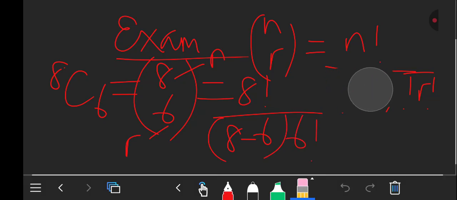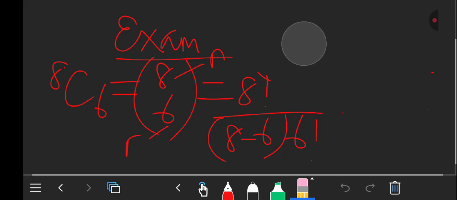So what answer are we going to get? This will be equal to 8 factorial. Since we have 6 factorial, we can just expand this 8 factorial up to 6 factorial. Remember with factorials it is 8 times 7, but we won't continue times 6 times 5 times 4 times 3 times 2 times 1.